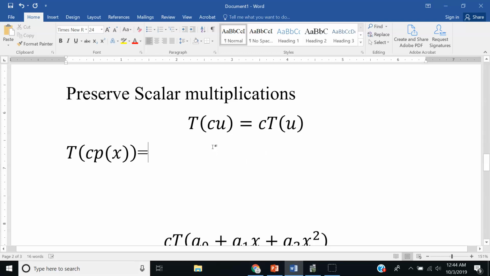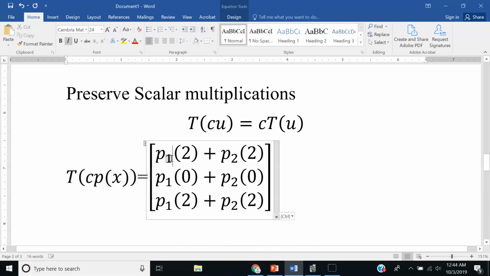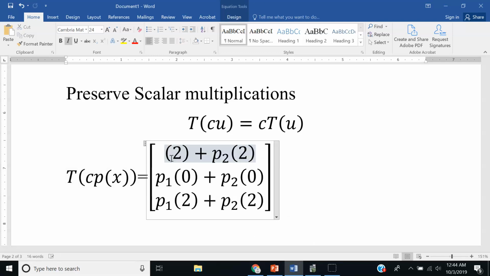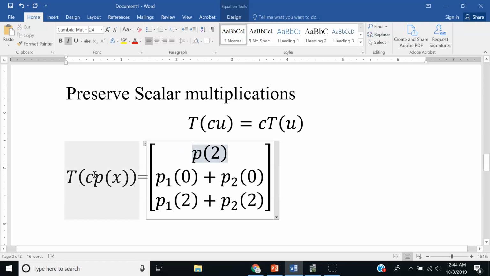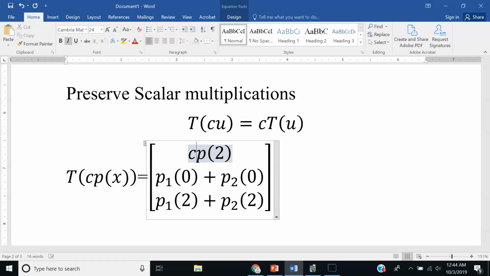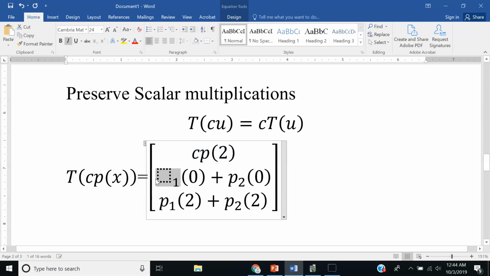Now, if you transform the scalar times a polynomial, all you're going to do is plug in 2. Now, what's the result here? Well, if I plug in 2, it's just scalar times plugging in 2. What's the result in the next one?